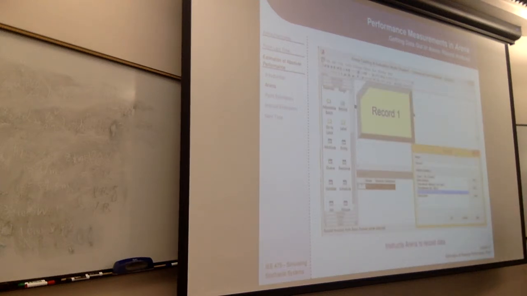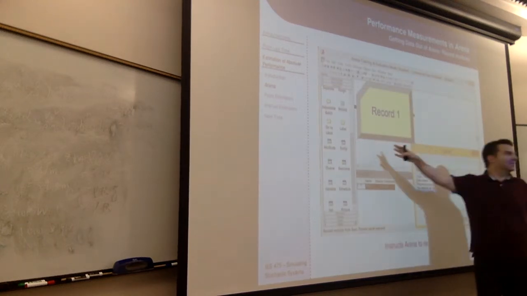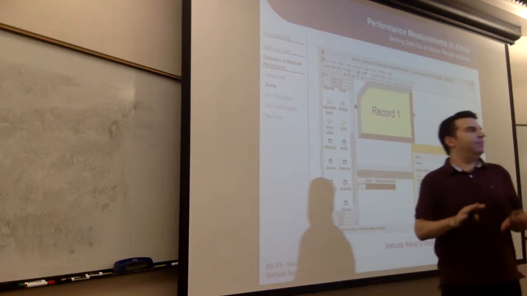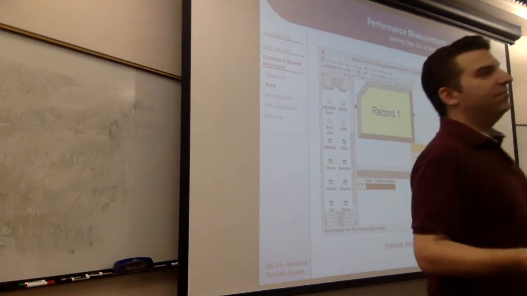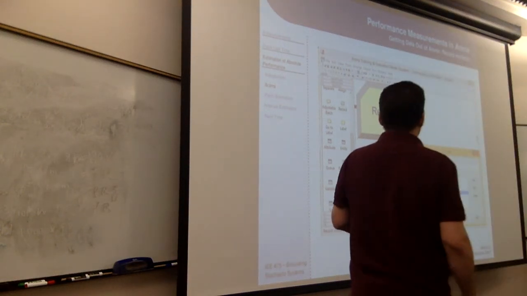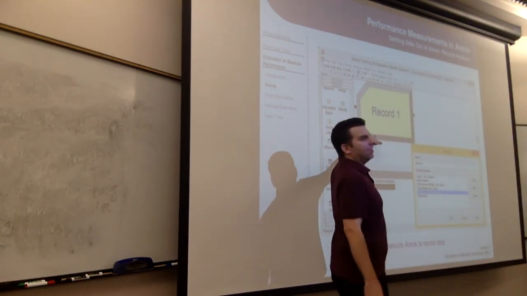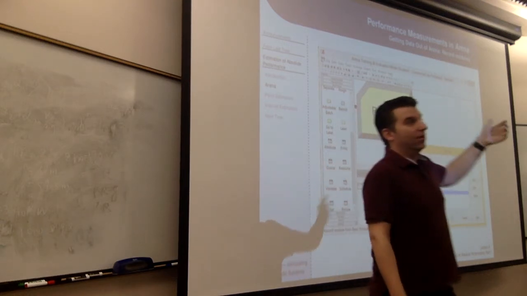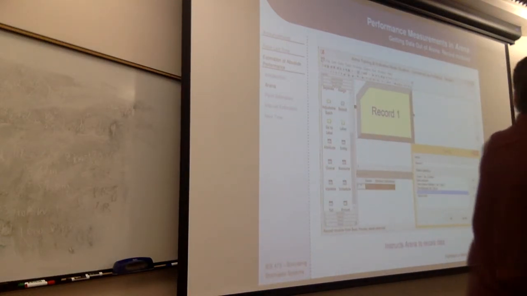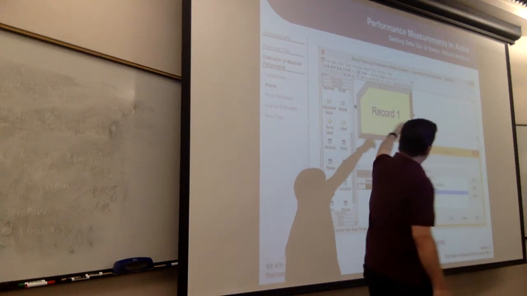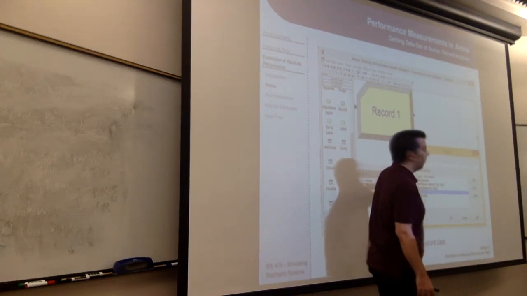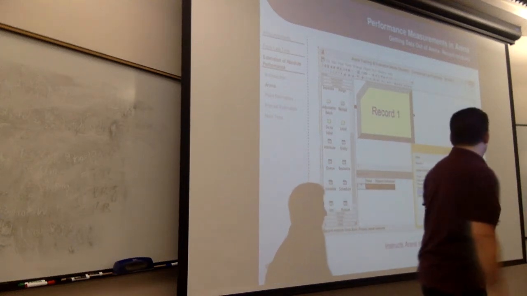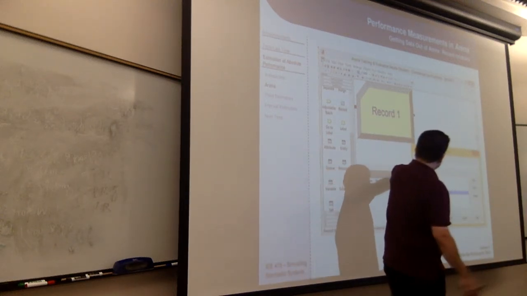Now, if you instead use these record blocks, then there are ways in which we can make Arena do some of the stats for you, beyond what you've seen in just the reports, and that's what I'll show you here. The record blocks, which you've hopefully noticed in some of the models you've already been working with: an entity flows through them, and you can take a record of a number of different things, and I'll define these on the next slide.